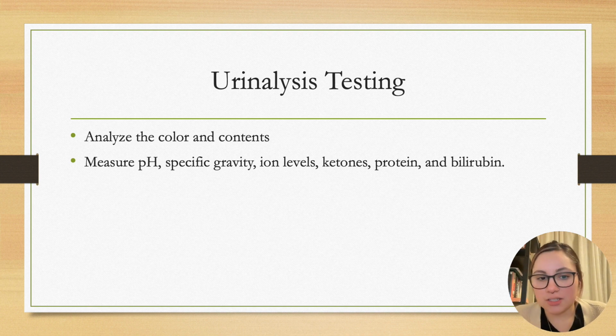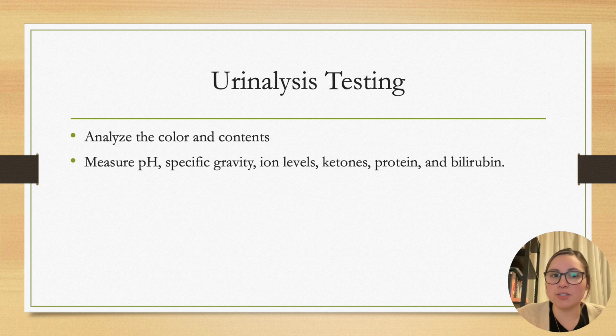When we're doing a urinalysis test, we are analyzing the physicality of it. We're looking at the color, we're looking at the contents, we're looking to see, is it cloudy, is it clear, what color is it, does it have particles floating in it, what's going on. And then we also measure the pH, the specific gravity, the ion levels, the ketones, proteins, and the bilirubin.